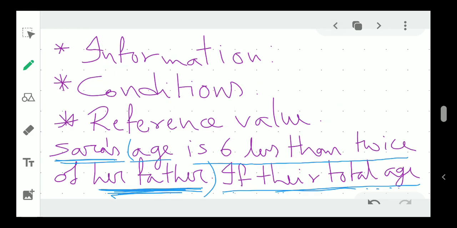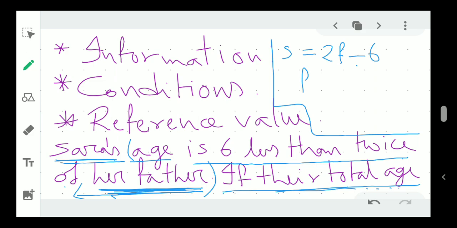Why? Very carefully listen. If Sarah's age is 6 less than twice of her father, I'm just giving a rough thing here. Let's say Sarah's age is S and her father's age is F. So 2F, that is twice F, coming from the backside. Twice her father's age means 2F, 6 less, that means minus 6.